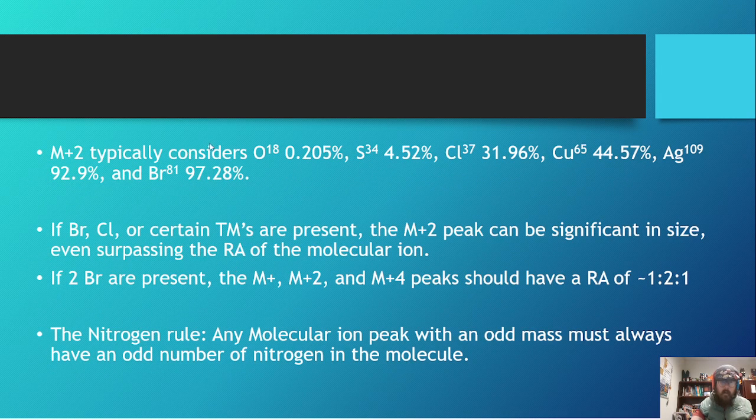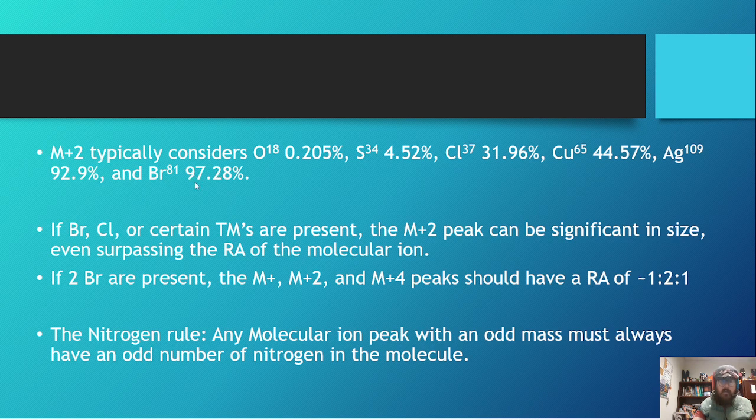Now, the n+2 peak is typically either from oxygen, sulfur, but really the key thing is the presence of chlorine, copper not so much, silver not so much, and bromine. Where we're really going to focus in organic chemistry is chlorine and bromine. Chlorine-37 is about 32% abundance, meaning it's close to 33, but it's a pretty big chunk.